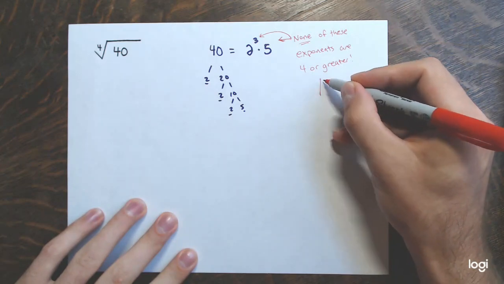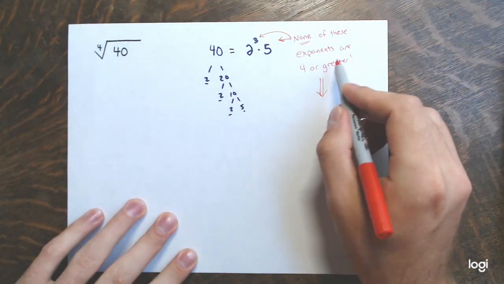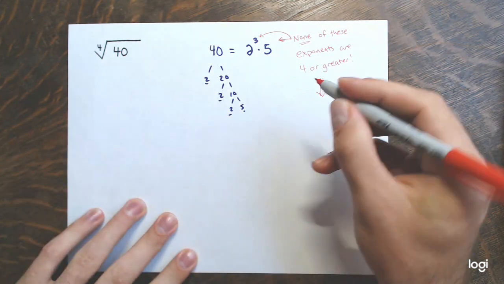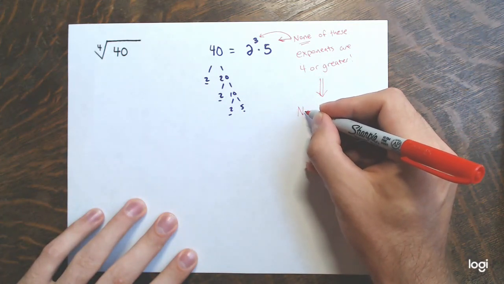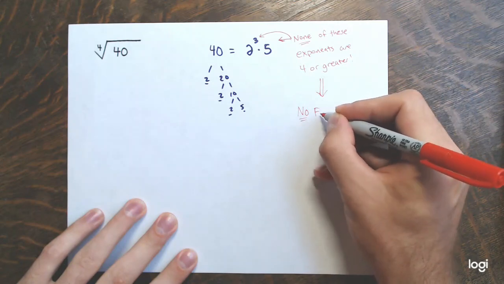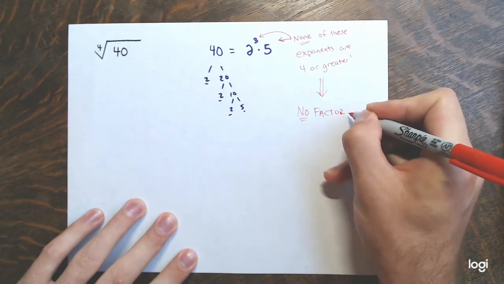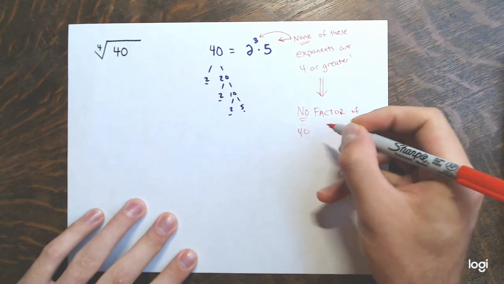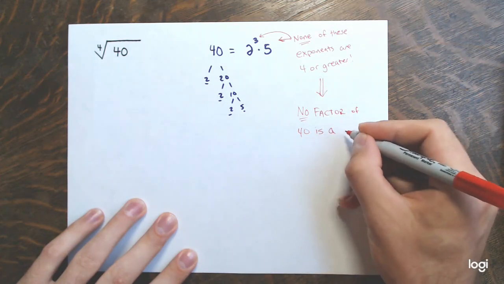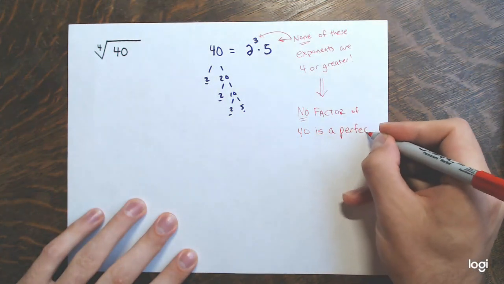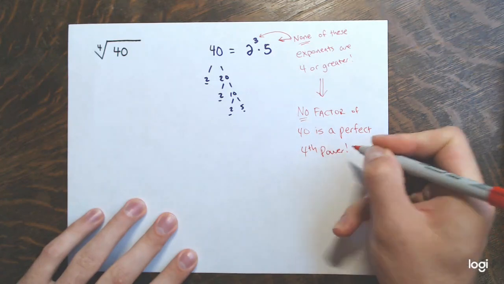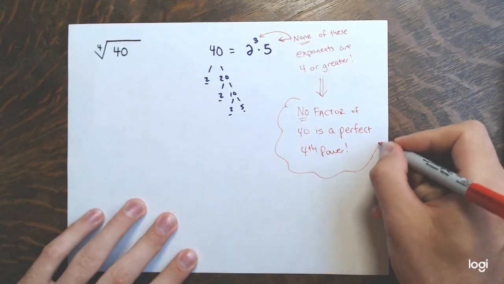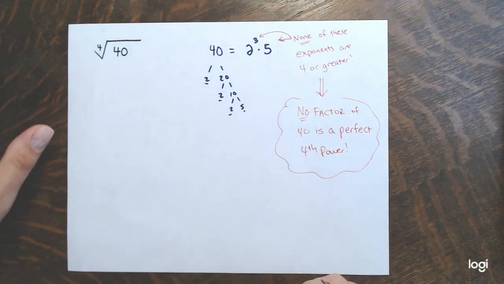So this tells me, since none of these exponents are 4 or greater, that there is no factor of 40 that is a perfect 4th power. That's huge. That's what we're actually looking for when we're asked for the 4th root of 40.